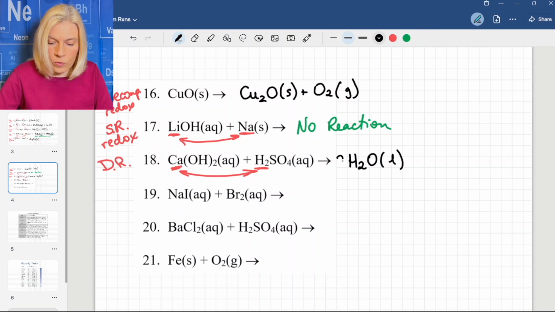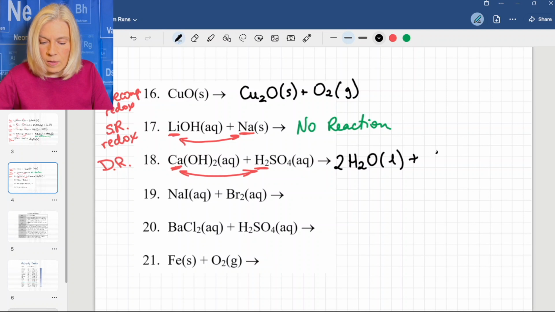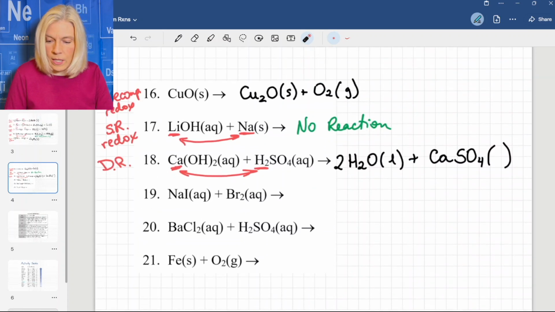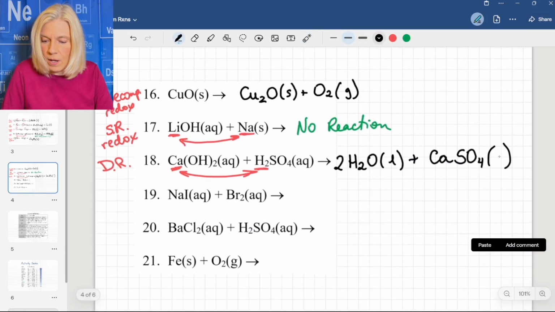And we will form 2 waters, plus we're going to form calcium sulfate. And you're going to quickly look, and we're going to see sulfates are soluble, except with calcium. So what's going on here? This one was a very special type. It will form a solid.